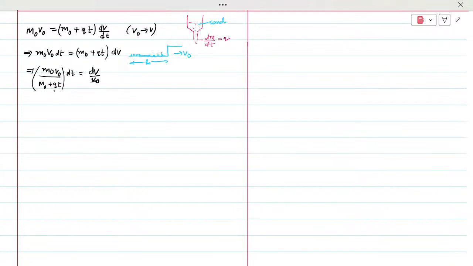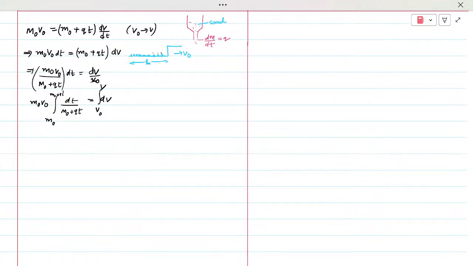So now integration. If I take m0 v0 common, the integral of dt by (m0 plus Qt), and the integral of dv from v0 to v, and here mass goes from m0 to m0 plus Qt.